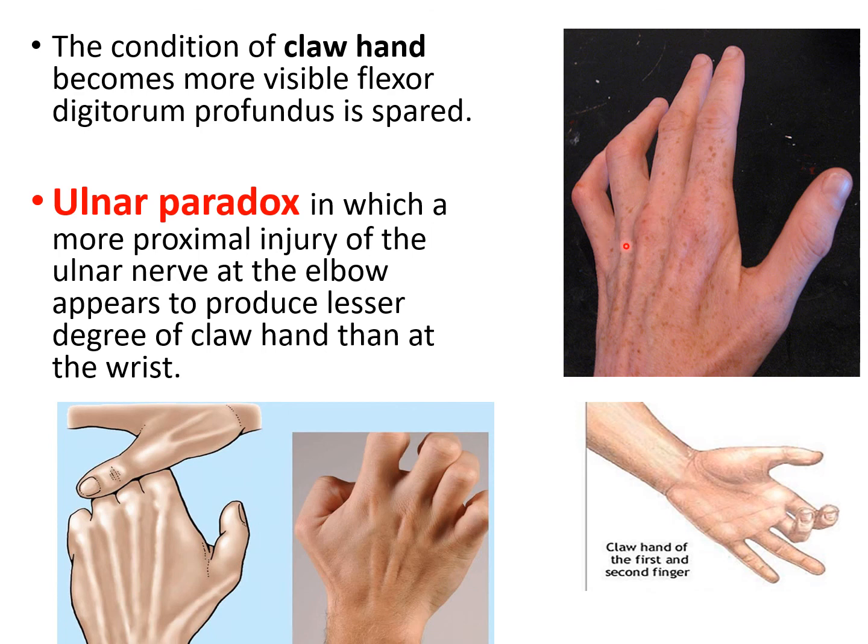This is known as ulnar paradox, in which a more proximal injury of ulnar nerve at the elbow appears to produce lesser degree of claw hand than at wrist. So the paradox is that if the injury is more proximal, the effect of lesion is less pronounced, whereas if the injury is more distal, at the wrist, the effects are more pronounced. The claw hand is more marked.